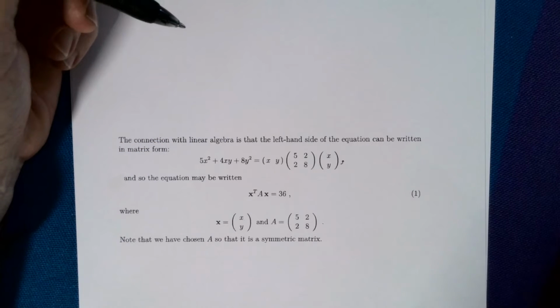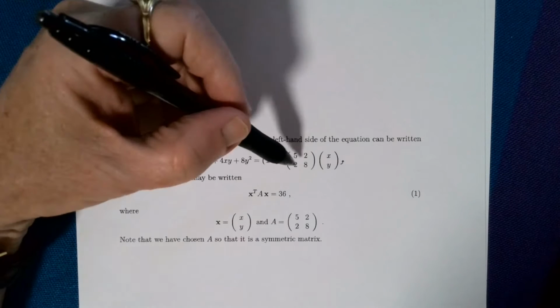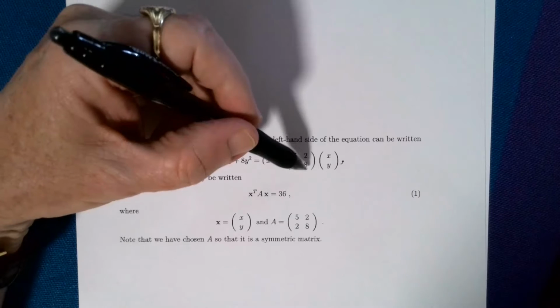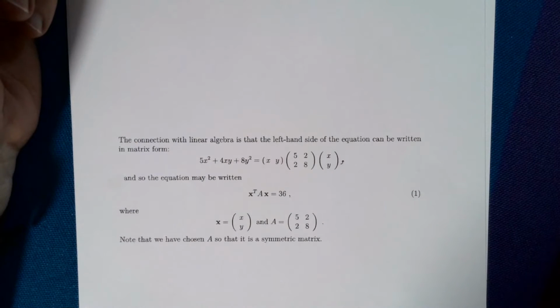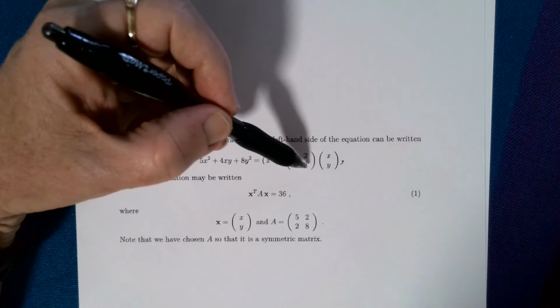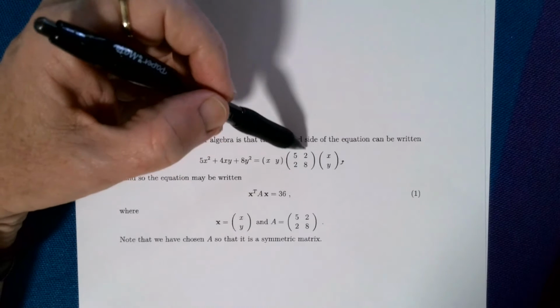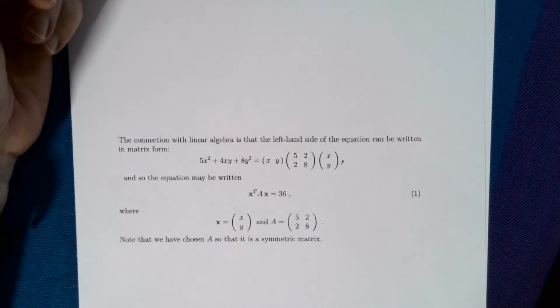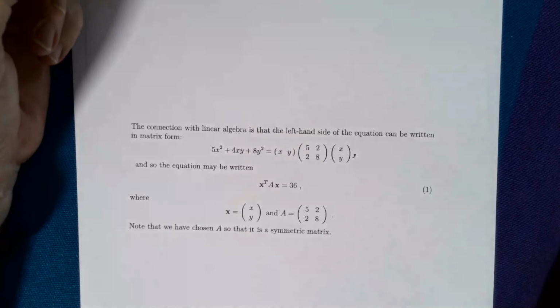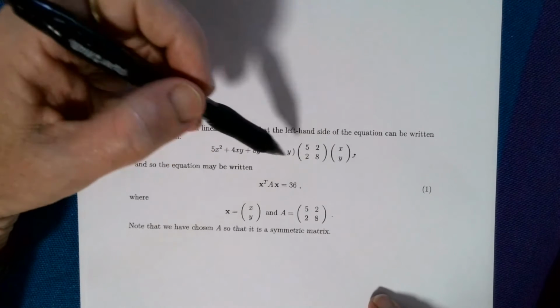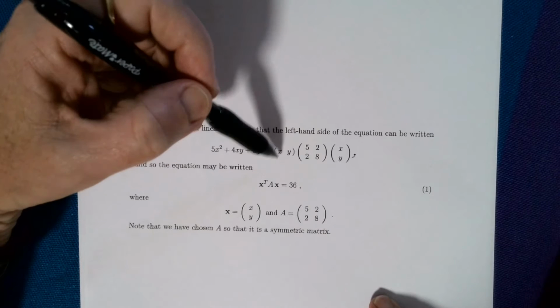And the point of doing that is that this now gives me a symmetric matrix. And you'll recall that a matrix is symmetric if it equals its own transpose. So if you take the transpose of this, that is, you flip everything around the main diagonal, it doesn't do any damage. So we can also write this now. I'm going to write vector x for x y.